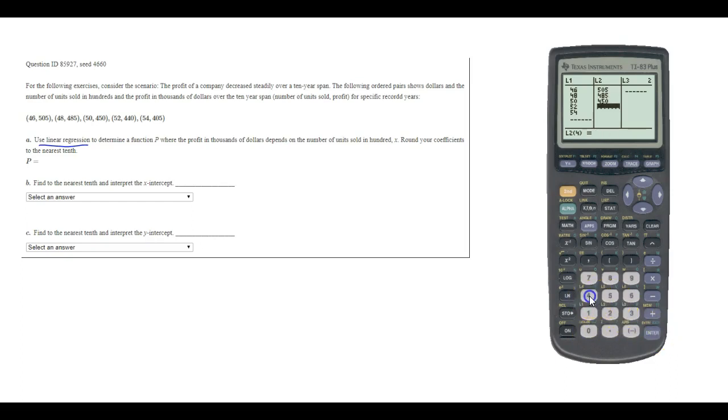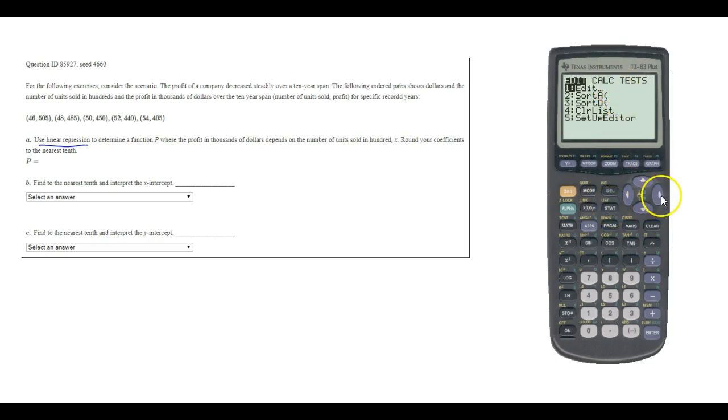And then 440. And 405. You want to make sure you have the ordered pairs correctly as they were given to us. So it's always good to double check just to make sure we have all the values in there. So it looks good.